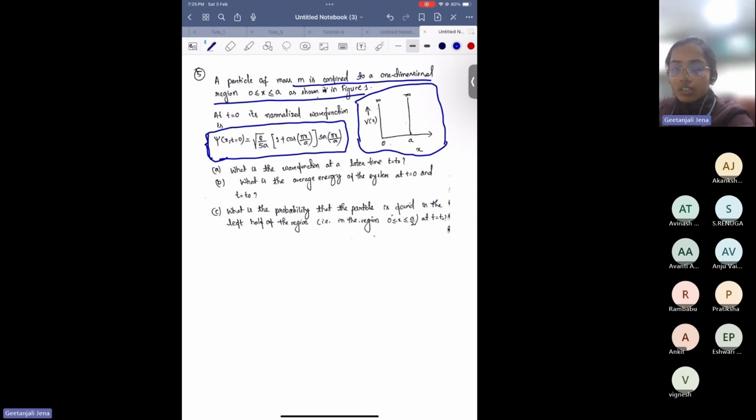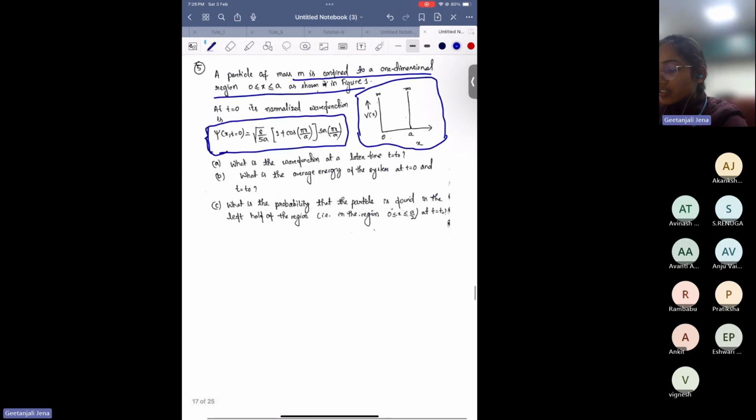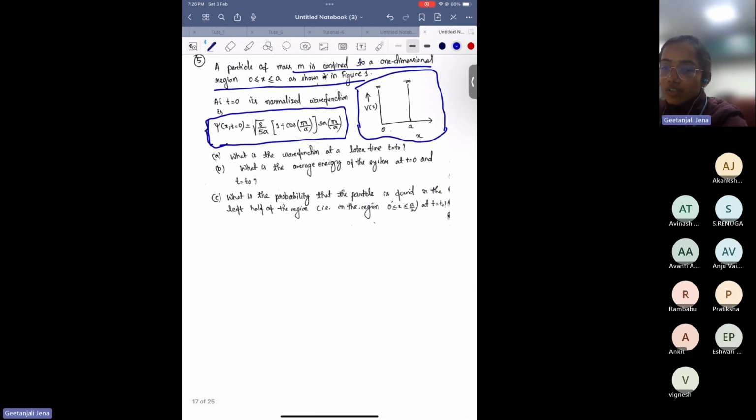But for now, understand the concept, at least see whether you are getting the concept or not. It will be shared, Ankit. It will be shared with you.